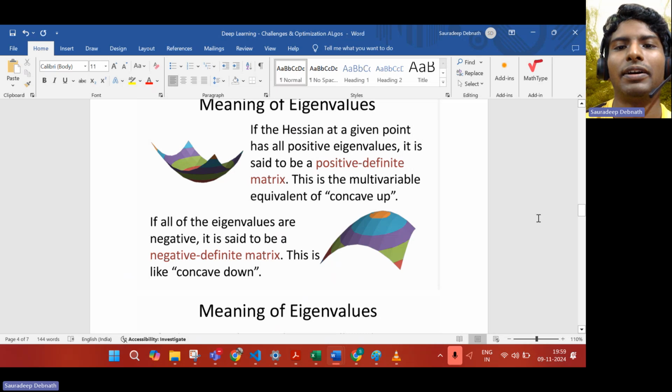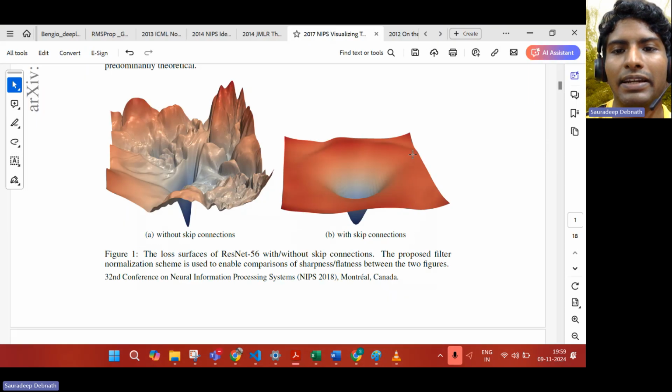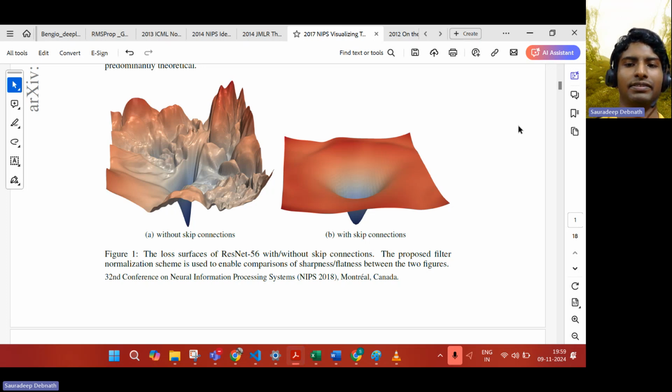Now, let's apply all these things to understand various important deep learning papers. So, firstly, before jumping into anything else, maybe let's look at the various deep learning loss functions.